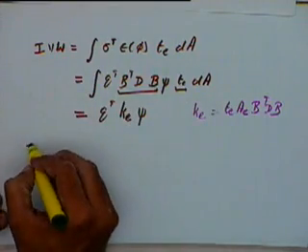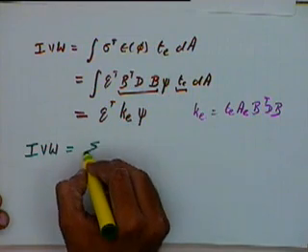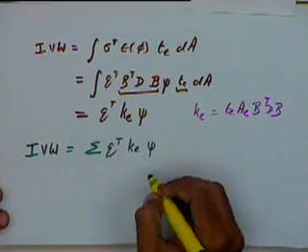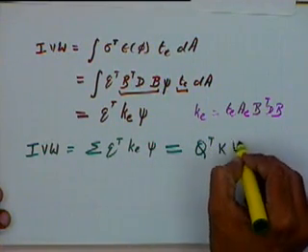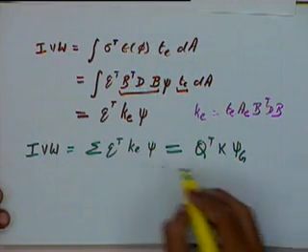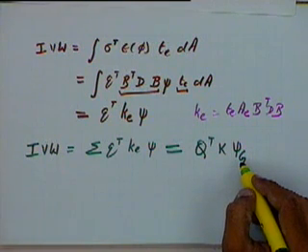The internal virtual work done by the complete body will be the sum of q transpose Ke psi, which again assembles into global matrices to give q transpose K psi global. The process of assembling the global matrices is the same as what we had earlier.